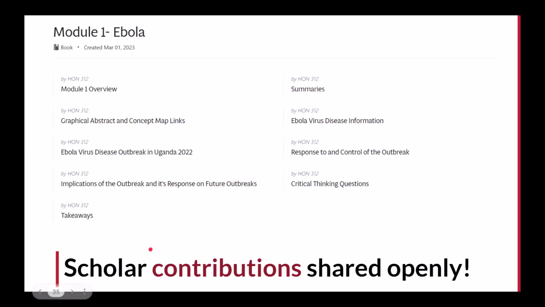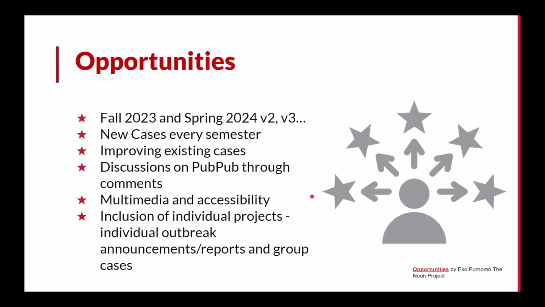So scholar contributions are shared openly and valued. And we highlight this in the course by saying, you are contributing to a source, you are the investigators and scholars creating this case study.